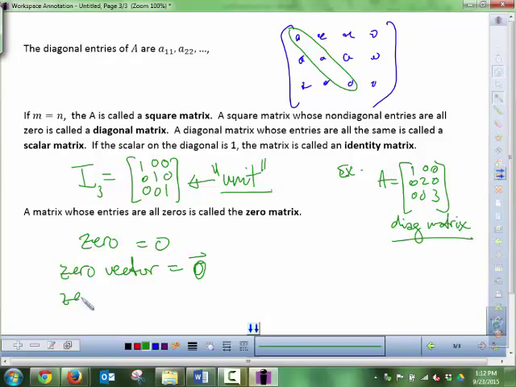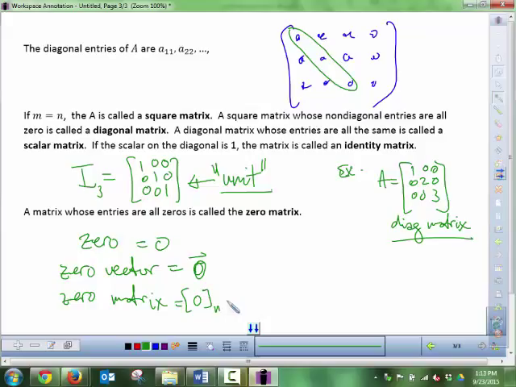Similarly, just to avoid confusion, if we have a 0 matrix, we could just put square brackets around it. The size of this matrix is important too, so it'd be nice to put in a subscript for the size. But in general, if we just put 0 with square brackets around it, we know it's a 0 matrix.